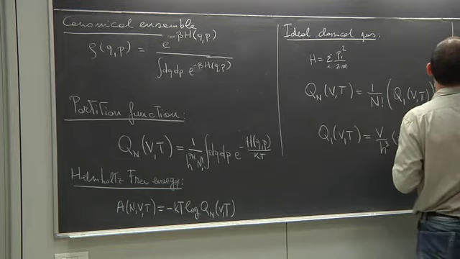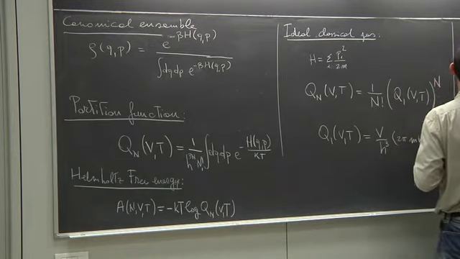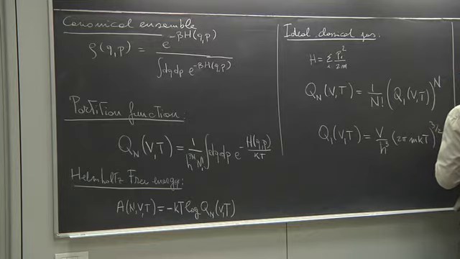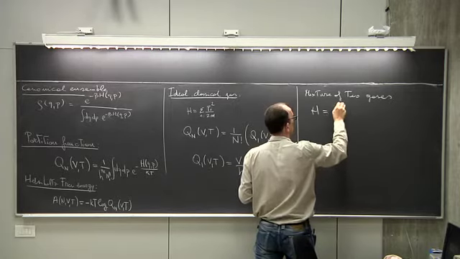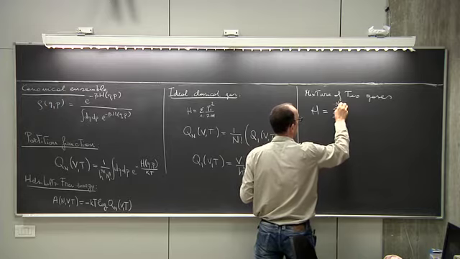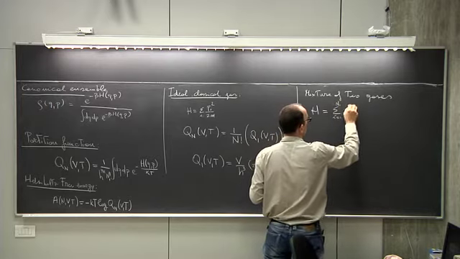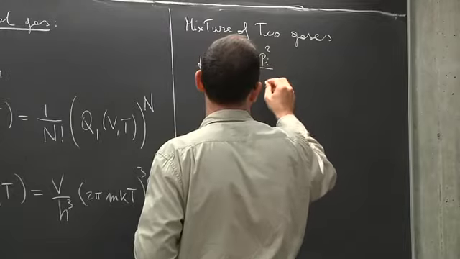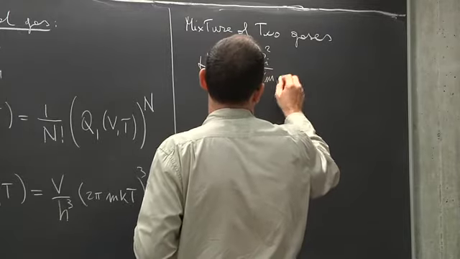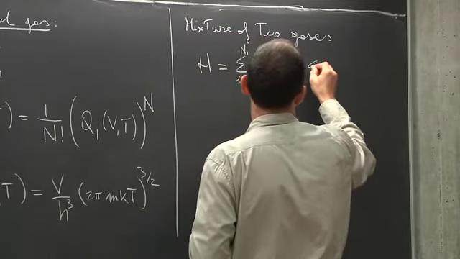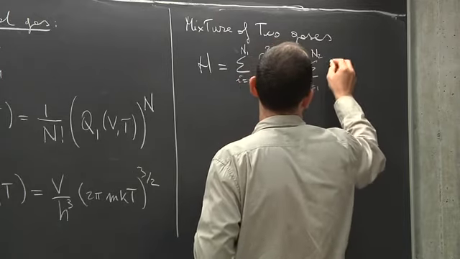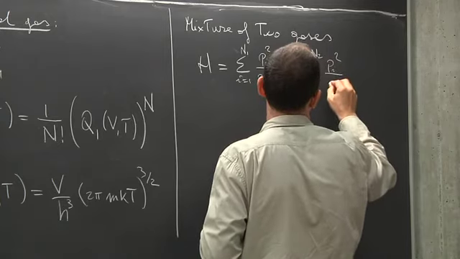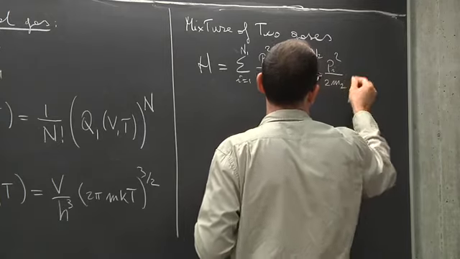So the Hamiltonian would be the sum over the first type of particle, let's say we have N1 particles of type 1 with mass m1, and the second one is N2 particles with mass m2.